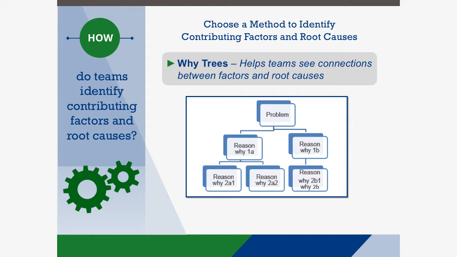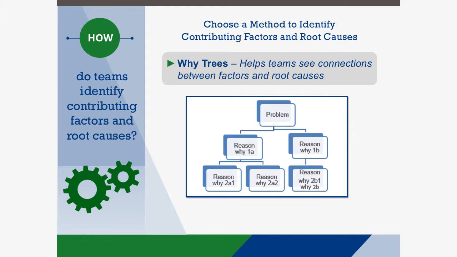At each level of the tree, teams should identify the data or evidence that supports the response, and as they get to the bottom of the tree, the root causes should emerge. There is an example of a completed why tree on page 23 under Appendix D in the problem exploration brief. If you would like to, please take time to pause this video and review the completed example in the brief.